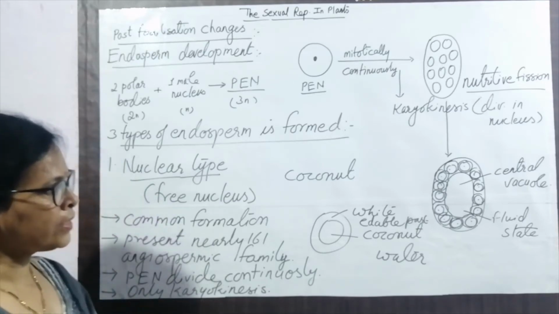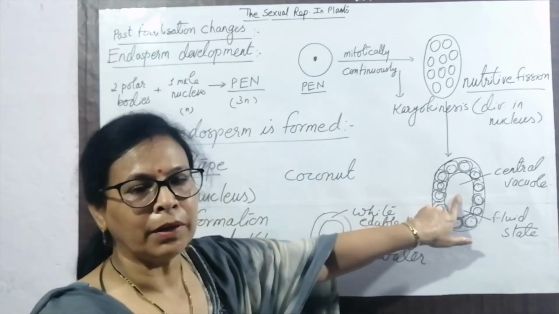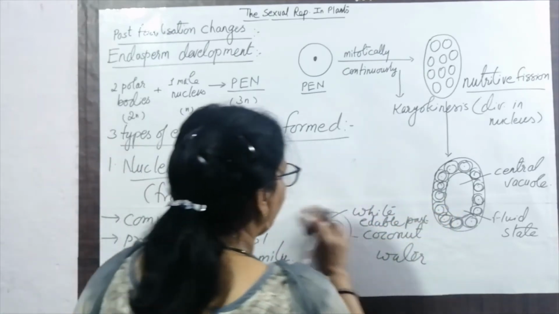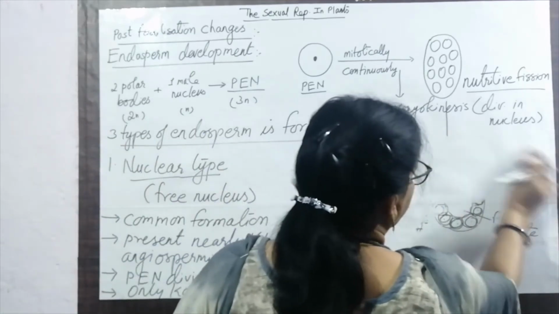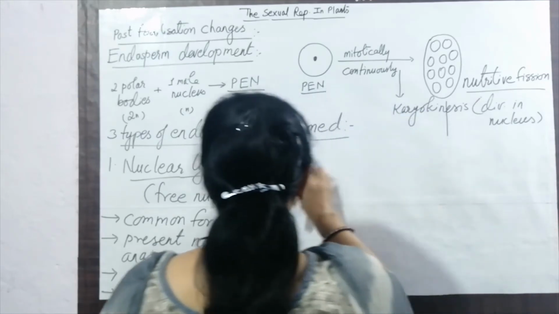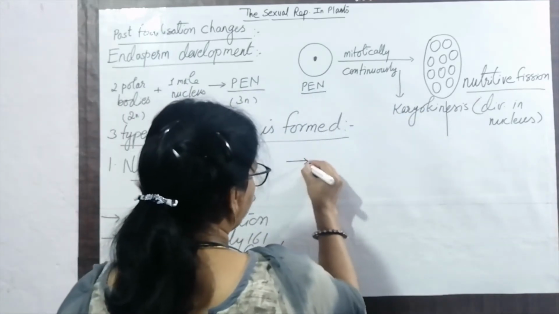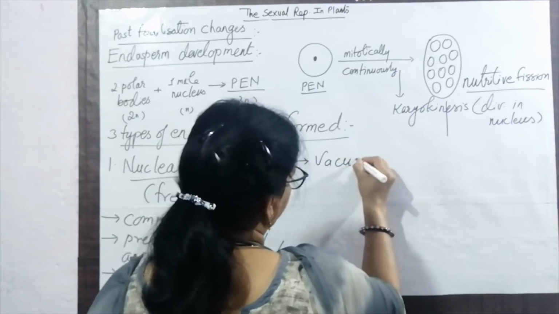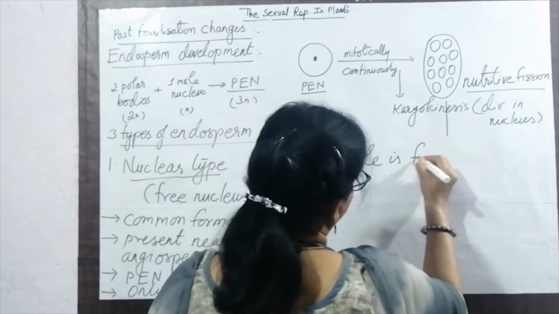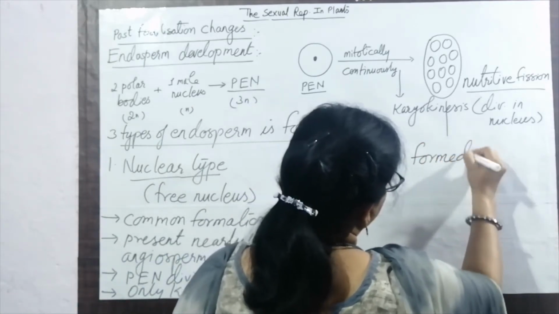What happens because of this? One vacuole is formed in the middle part. Because of this division, a vacuole is formed in the center.